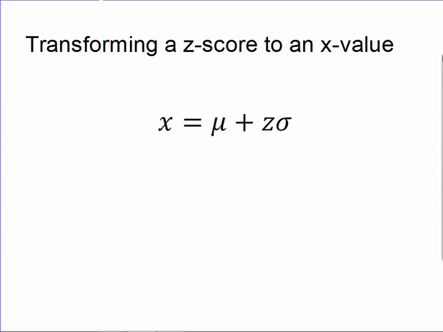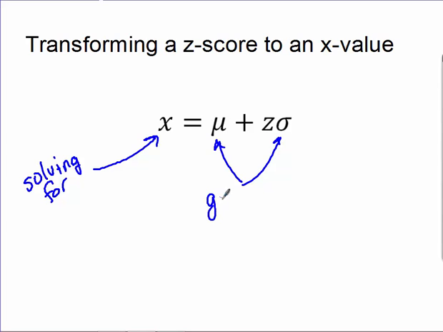Sorry about that, guys. So, the x value is actually what we're going to be solving for. And my mean and my standard deviation are going to be given to me in the problem. The only thing you guys really need to do is say, well, what is the z-score?